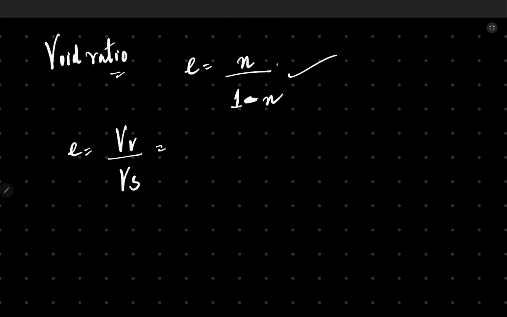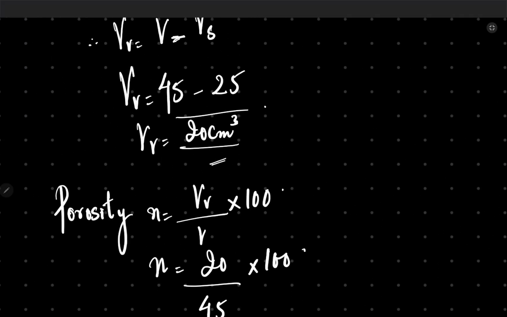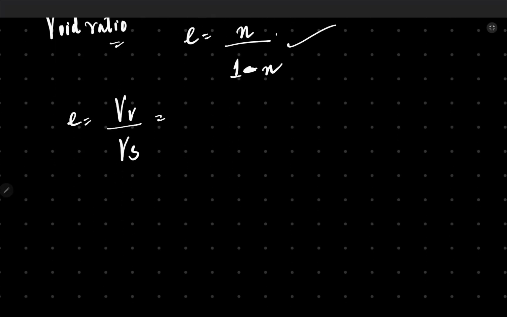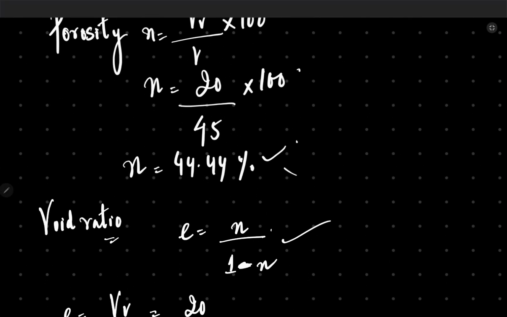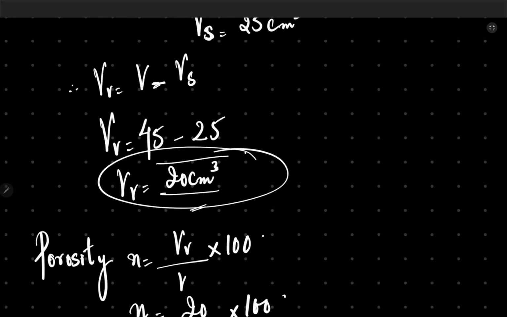All right, so volume of voids is how much? Volume of voids we have calculated here, 20 centimeter cube. So here it is 20 divided by volume of solids. Volume of solids is how much?